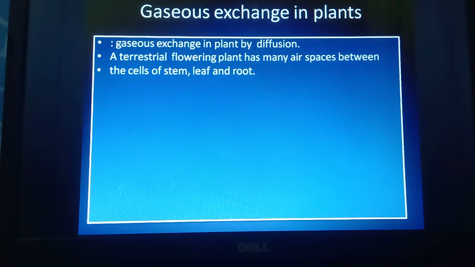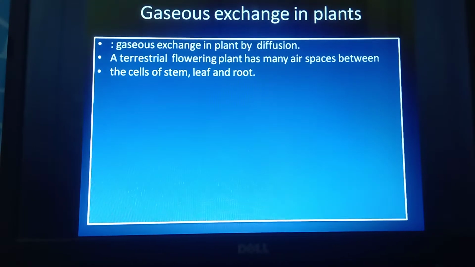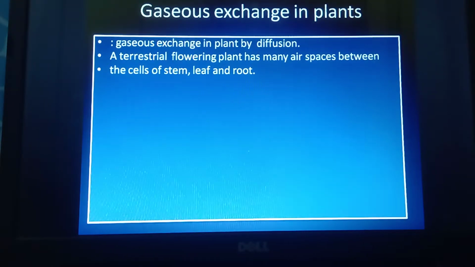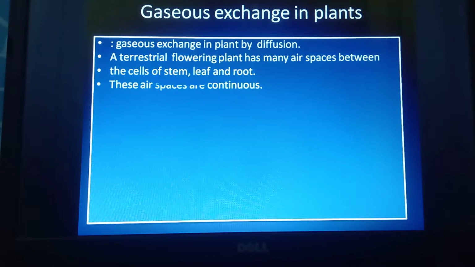In the case of terrestrial flowering plants, they have many air spaces between the cells of their plant parts such as stem, leaf, and root.